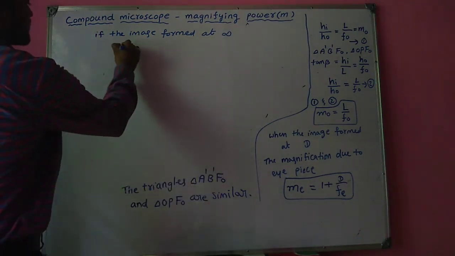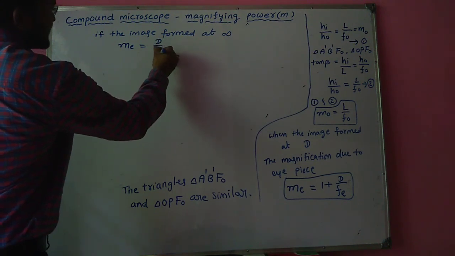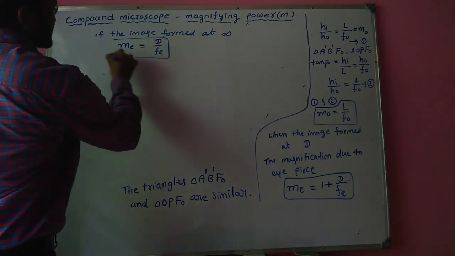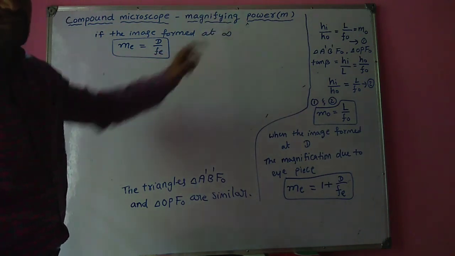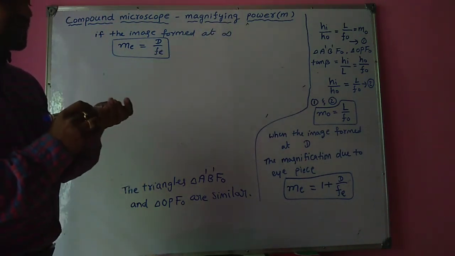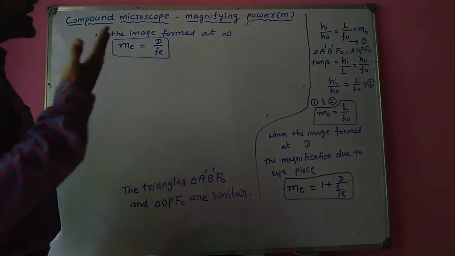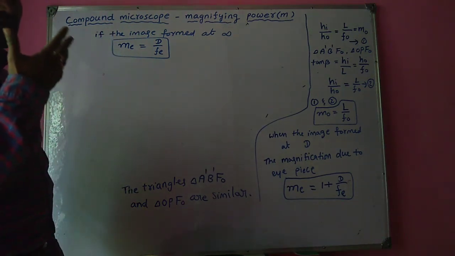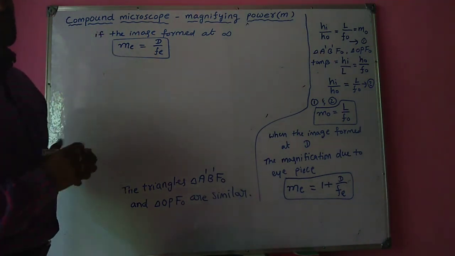So the magnification due to eyepiece becomes ME equal to D by FE. We consider the image formed at infinity because then we can observe the image without straining the eye, with a relaxed eye.